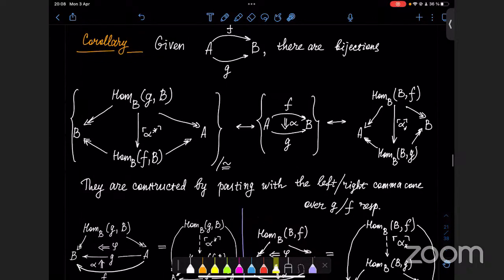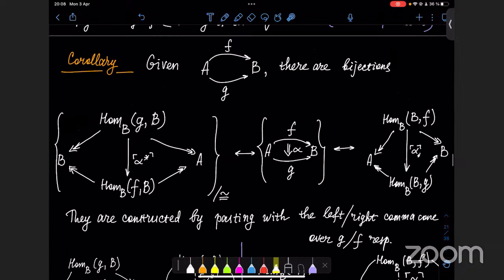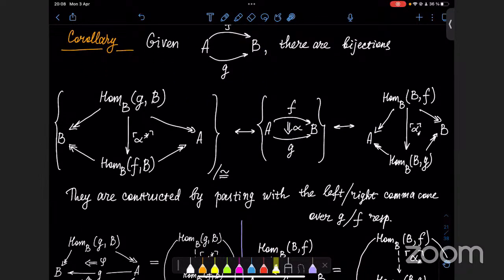So suppose that you have this parallel pair of morphisms between A and B, then there are bijections.